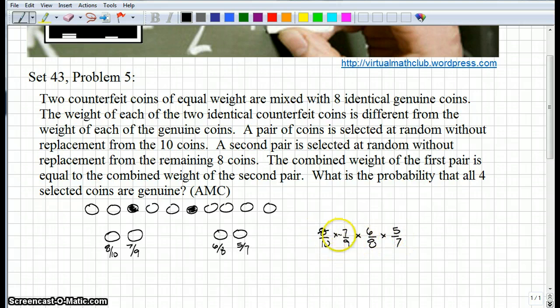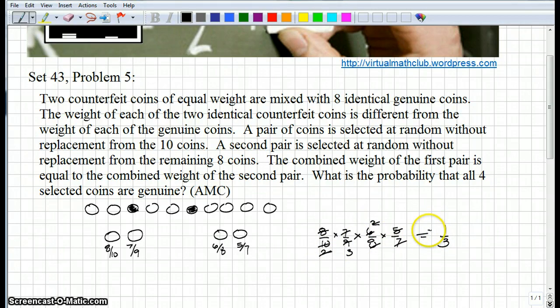We got 7 and 8 here, and we can divide 5 into 10 and get 2. We can divide a 3 out of the 6 and the 9. And then these 2's will cancel. So we would end up with 1/3 as the probability.